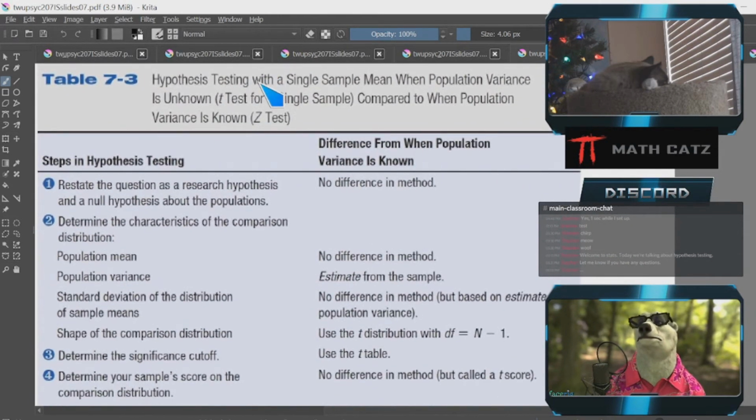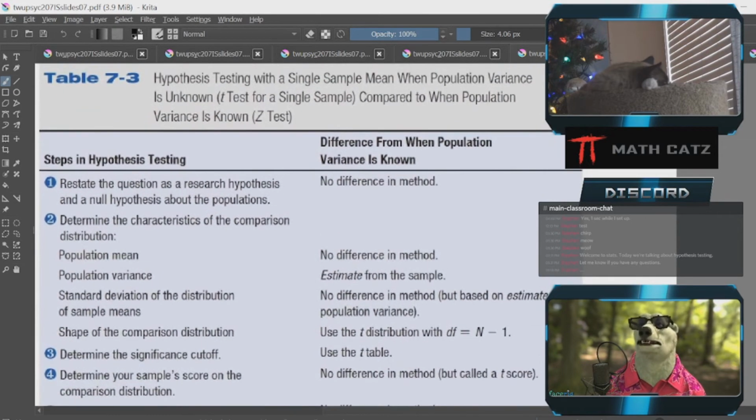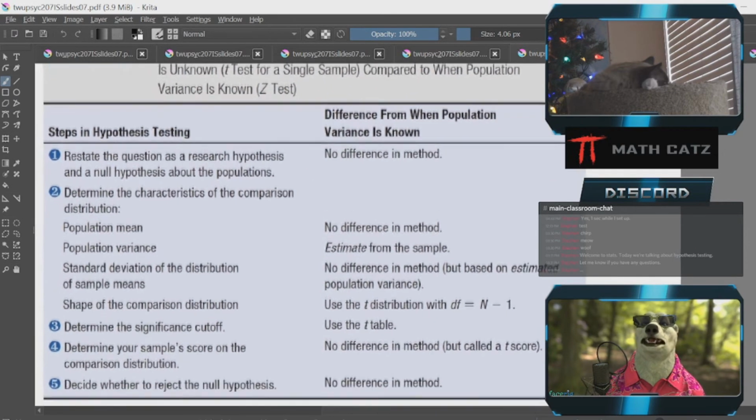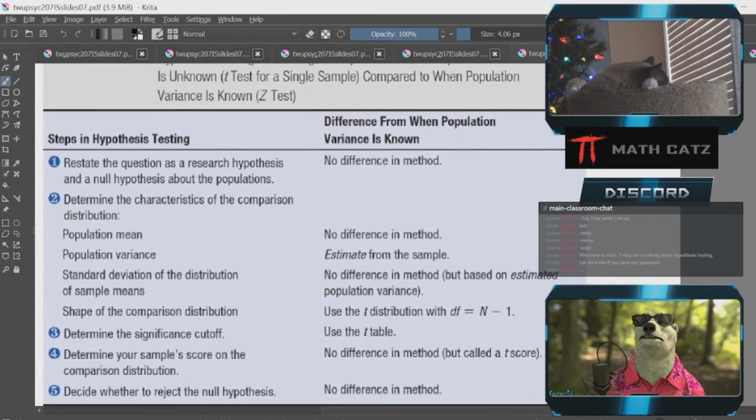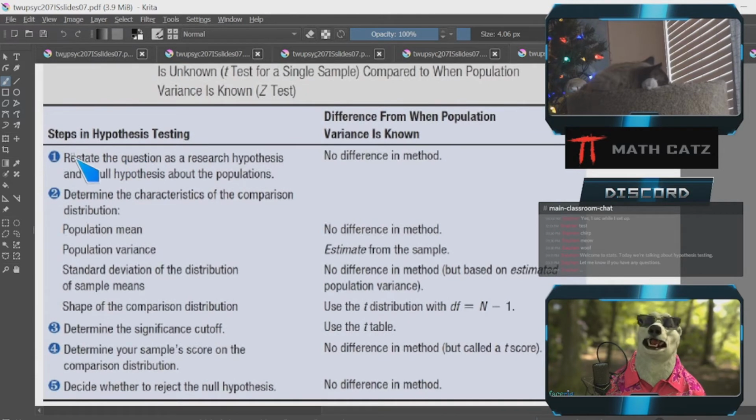So the hypothesis testing procedure, when compared to the previous situation, the z-test, if you will, this is now a t-test for a single sample. T-test for a single sample. What's the same? What's different? Everything fits. Hypothesis testing setup is the same. Research hypothesis, null hypothesis, about the populations, no difference.